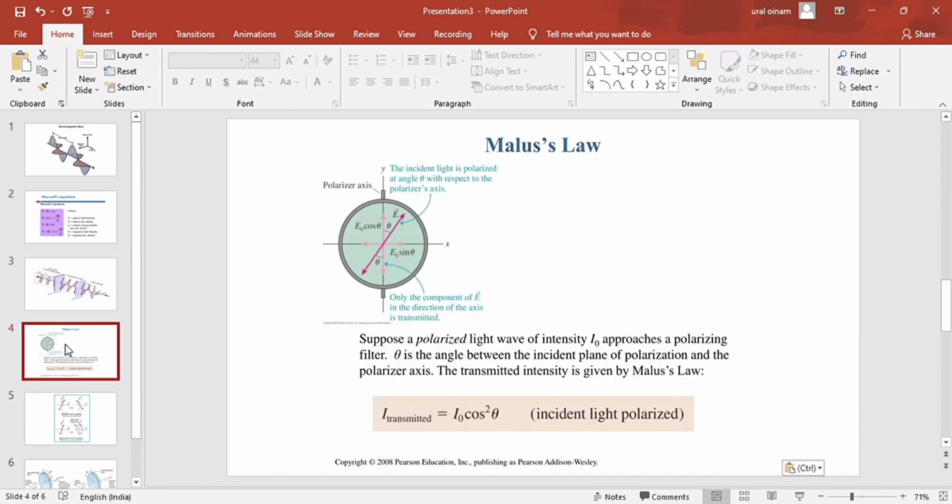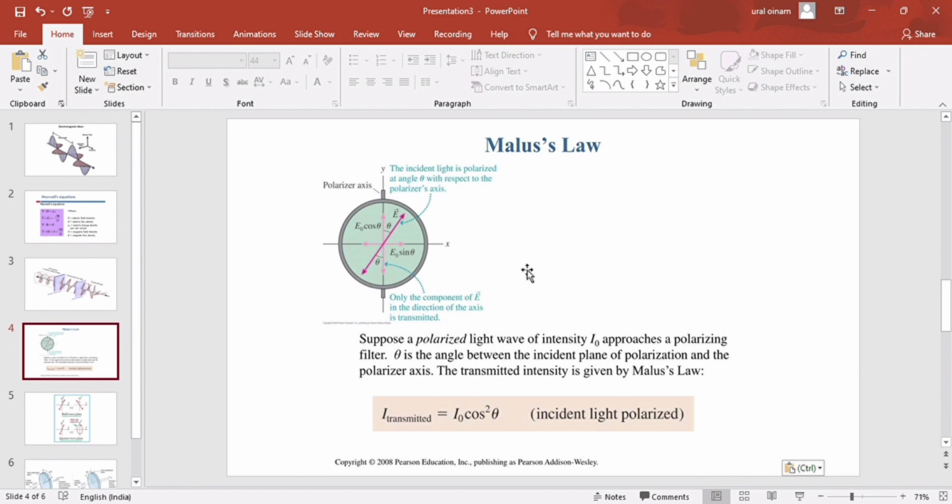And we have Malus's law. So what does Malus's law state? Malus's law, also known as Malus's principle or theorem, describes the intensity of polarized light after it passes through an initial linear polarizer.